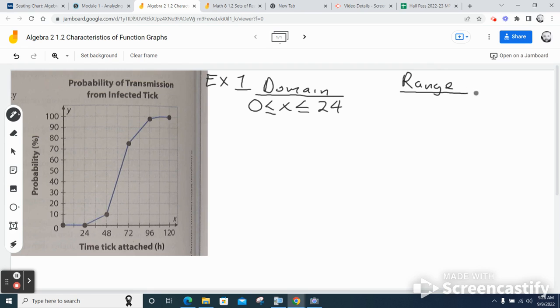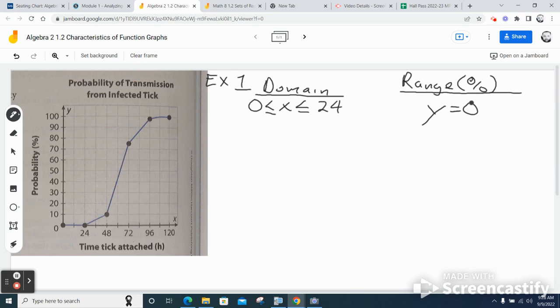So the range is the percentage of catching Lyme disease. That's the probability. It's 0, right? So in the first 24 hours, there is 0% chance of getting Lyme disease.